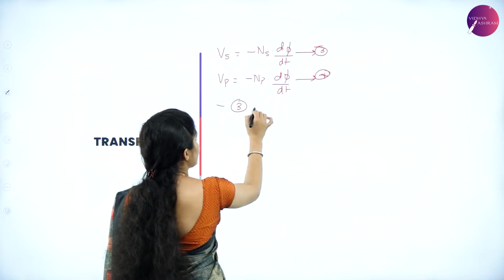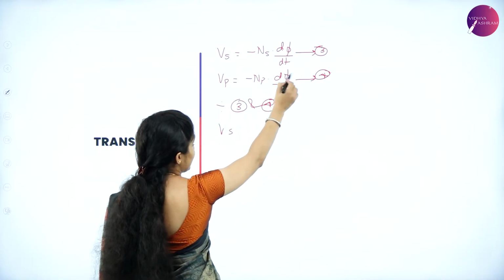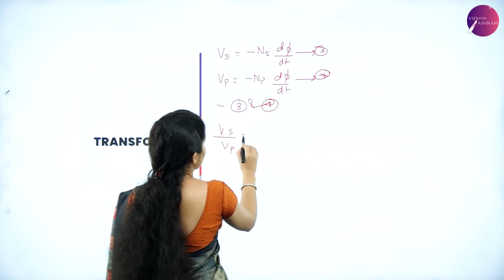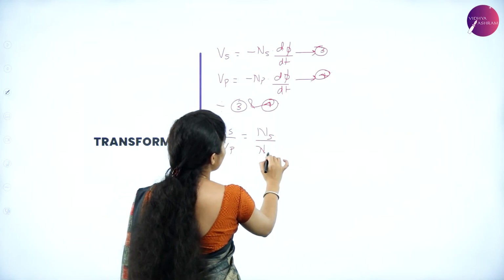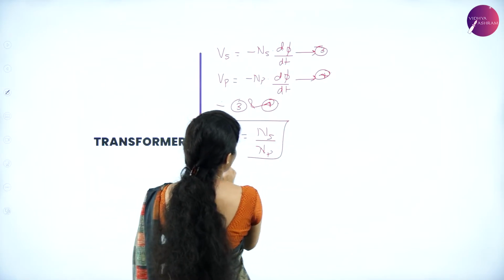Dividing equation 3 by 4, d phi by dt cancels out, so Vs by Vp is equal to Ns by Np, where minus divided by minus gives plus.